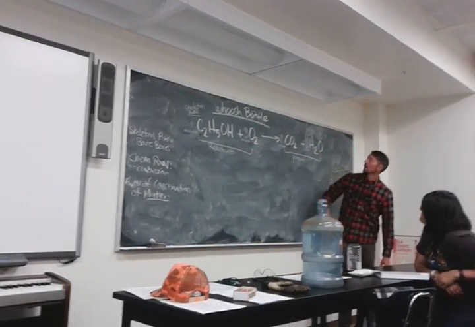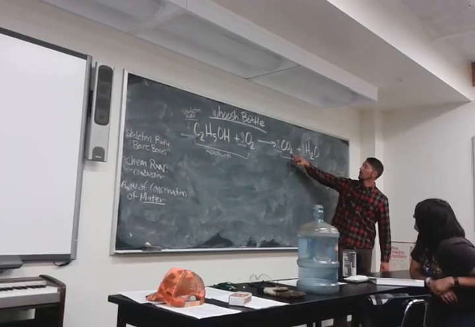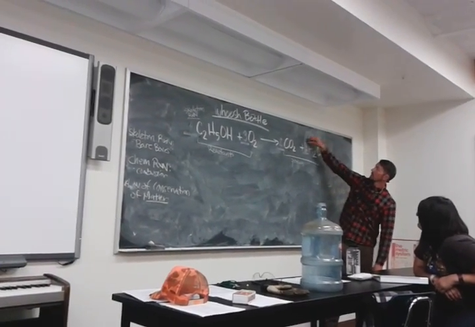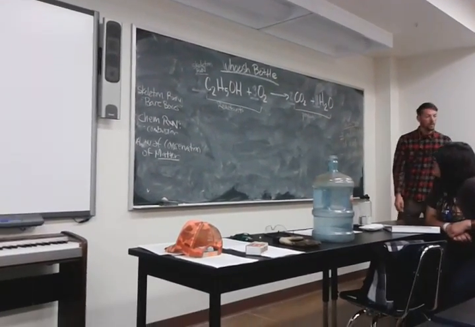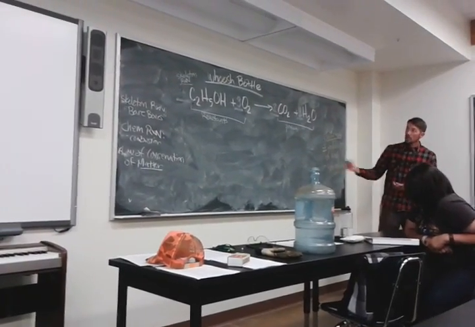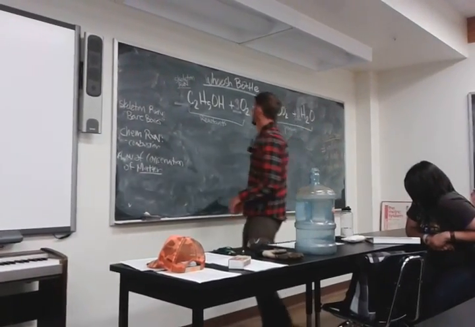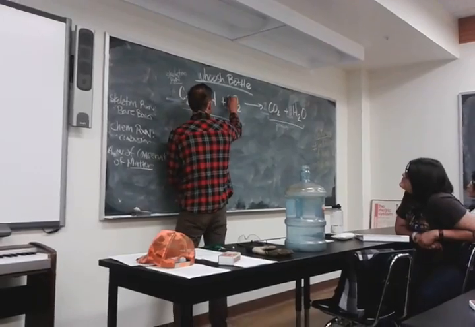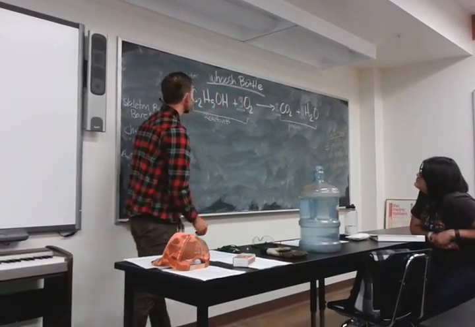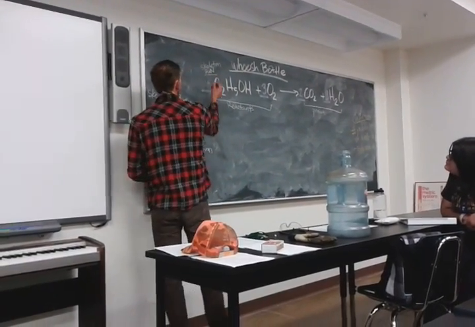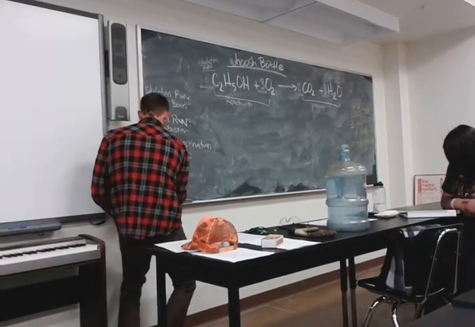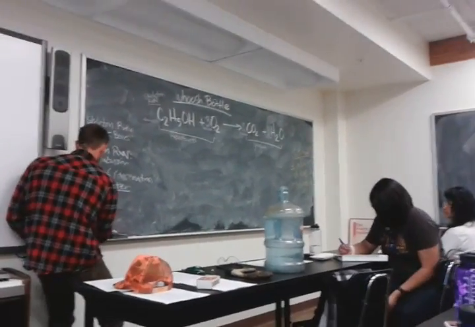Good. And over here, 2 times 2 is 4, plus 3 times 1 is 3. 7. Awesome. So we've just taken that skeleton equation and put some meat on it. When I say put some meat, we added some coefficients. And so the skeleton equation is now a balanced equation. And that's what you guys were talking about before.